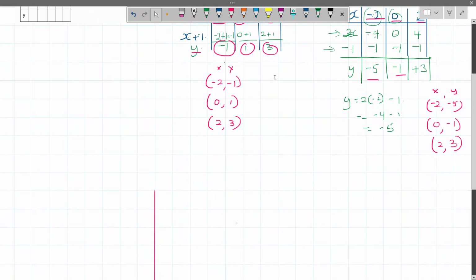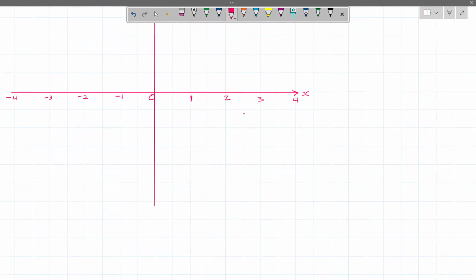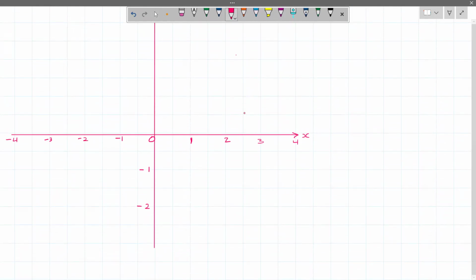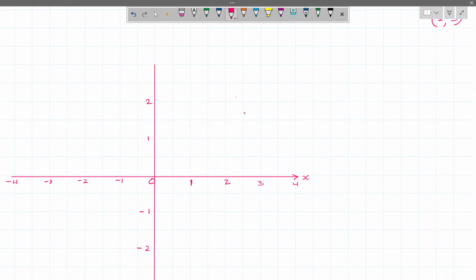Right, now look at your y values. You have a -1, a 1, and a 3. So that should tell you how you're going to space out your graph, right? So we need to have a -1. I'll still use the same 2 blocks to represent 1 unit. And we need to get up to 3. So 1, 2, and 1 more up here, 3.